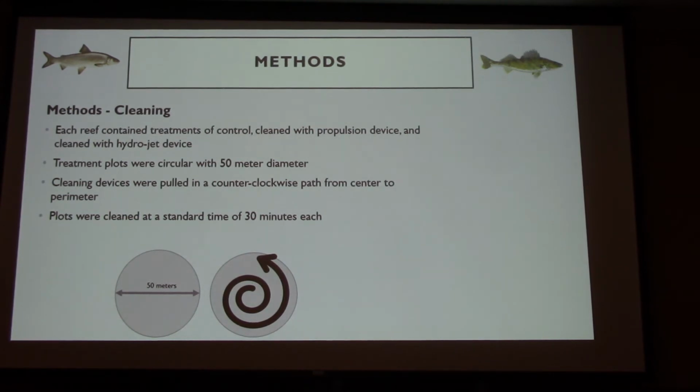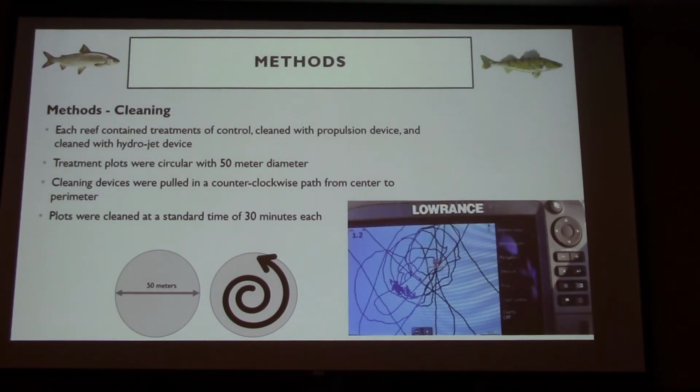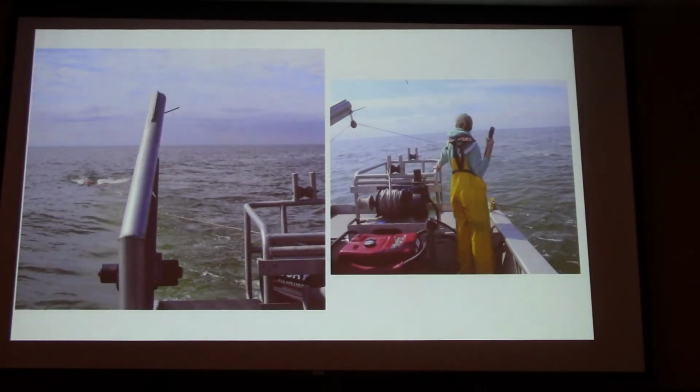They were circular, and we'd start from the inside and move our way out. Again, that was to push sediments from the inside of the reef while we were cleaning outside so they didn't just resettle back down. Then we did this for 30 minutes on each treatment. If you look at our plotter, it starts off like that, and then by the end it gets kind of crazy as you pull out further.